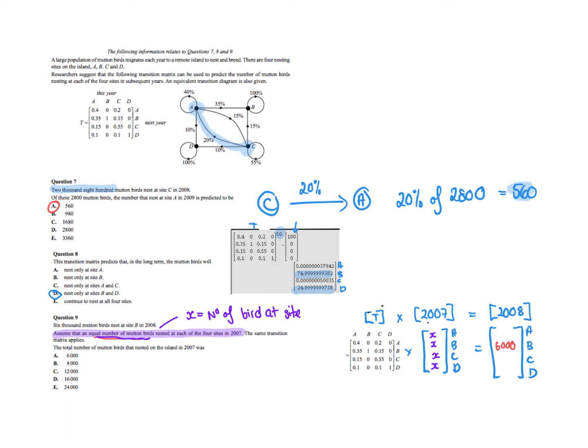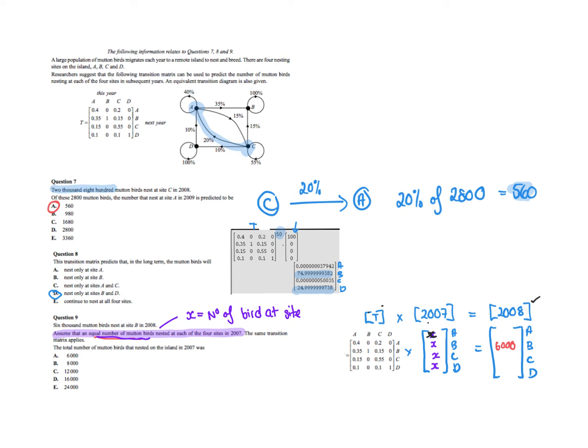So this is me writing that out there. So I've got the transition. Now it did say here that assume equal birds nested at each of the 4 sites. So I don't know what it was, but they all had the same amount. So I'm going to say let X equal the number at each site. So we would have said T transition times this 2007, which would have had the same number written in all of them. So I've called it XXX.